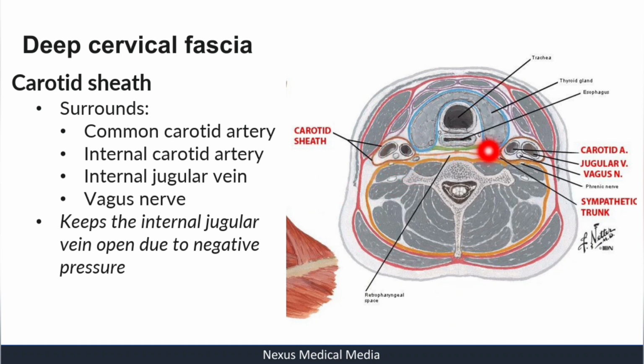You can see the carotid artery, the jugular vein, and just behind here you can see the vagus nerve. What's the function of this carotid sheath? It keeps the internal jugular vein open due to negative pressure, in addition to enclosing the aforementioned structures.